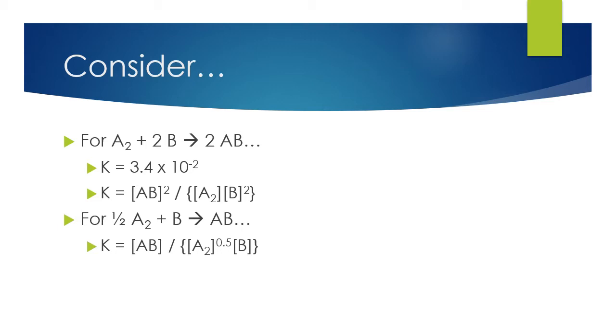For the reaction where the coefficients are halved, K would be concentration of AB all over concentration of A2 raised to the 1/2 times concentration of B. These look very similar, but you'll notice all the powers are different. In order to calculate K in this situation, we would need to take the initial one we had, the 3.4 times 10 to the negative 2, and raise it to the 1/2 power, aka take the square root of it.